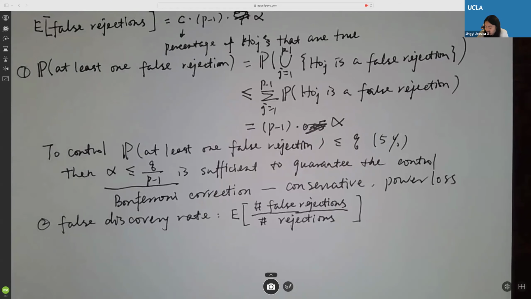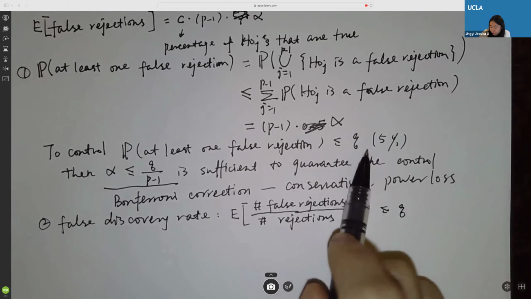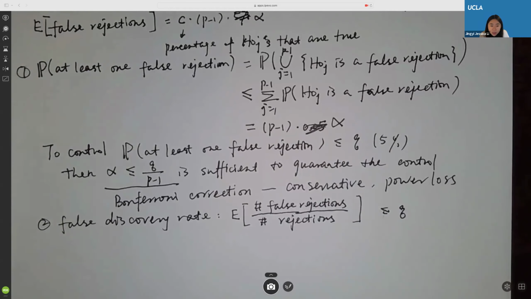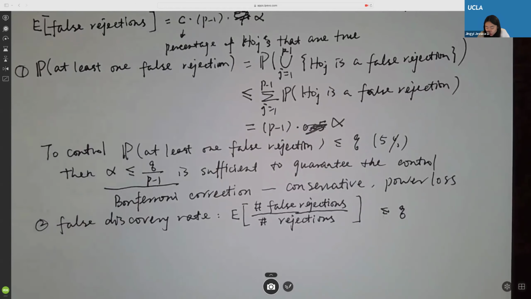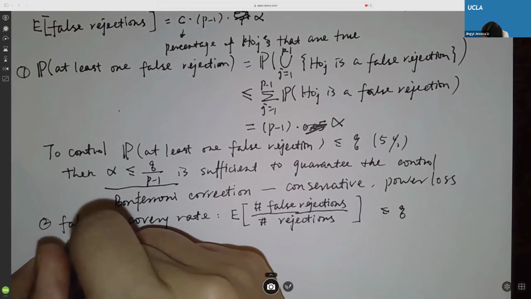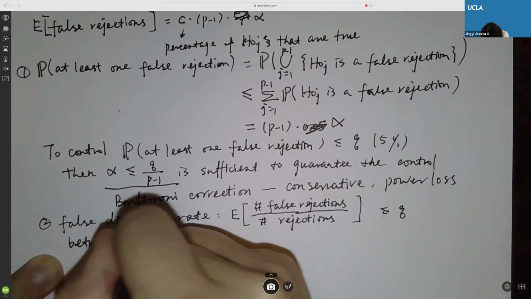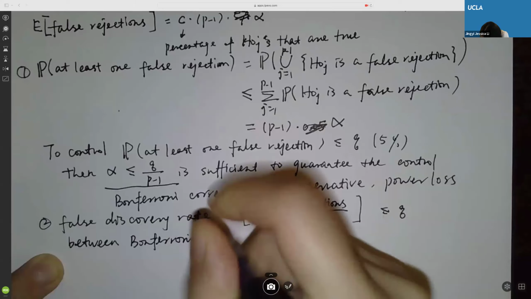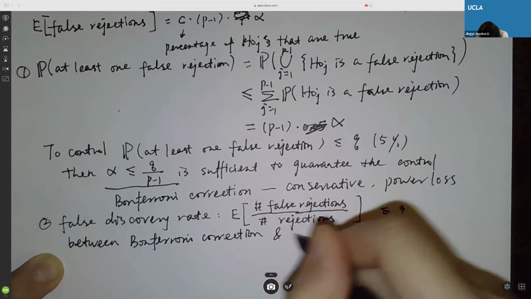And if you want to control the false discovery rate at Q, typically like Q of 5%, your corresponding p-value threshold is not as small as this Q over p minus 1. So this one is actually in the middle, between Bonferroni correction and no correction.